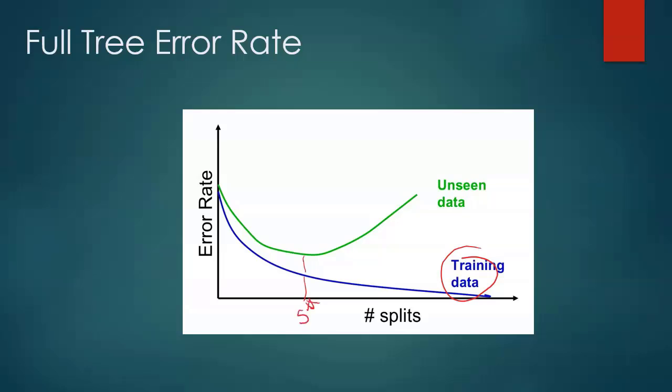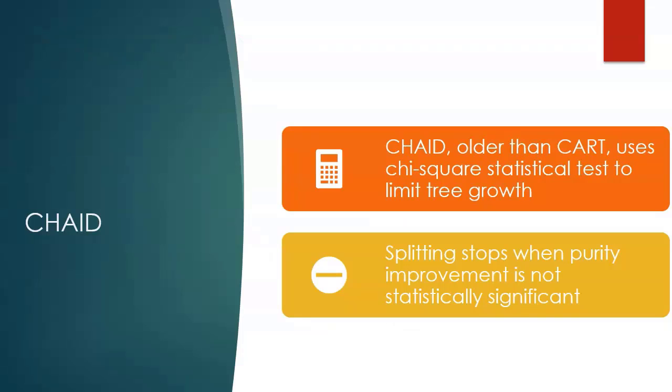There are two main approaches to achieve this objective. In the first approach, which is called the CHAID or the chi-square independence test, we do not grow the tree to the full extent. At each split, a chi-square test is run to see the purity of the records, and if after a split there is not a significant difference in the purity compared to the previous split, the tree stops growing.